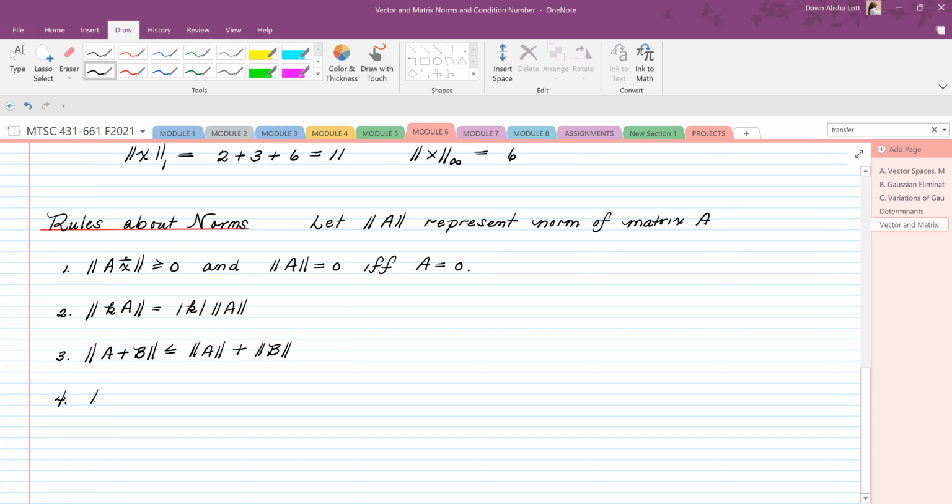And the norm of A times B is also less than or equal to the norm of A times the norm of B.